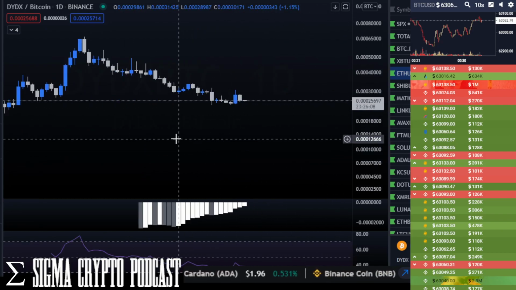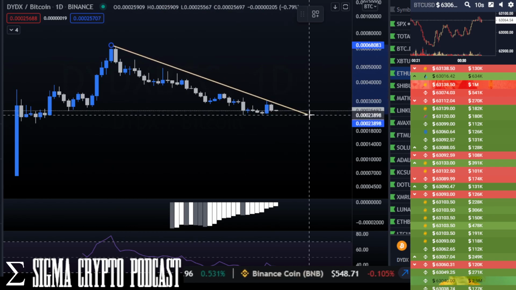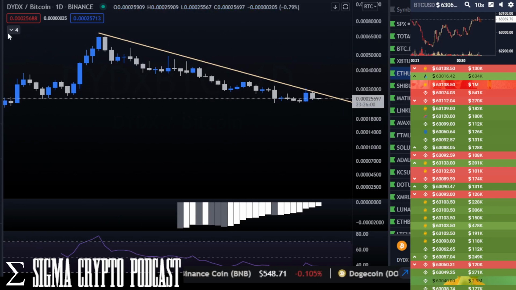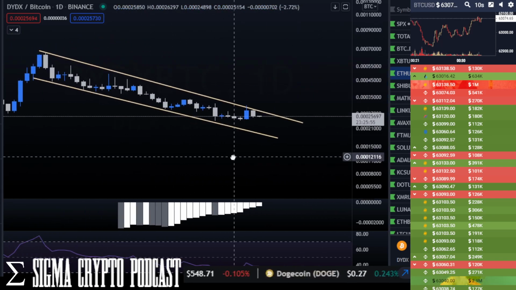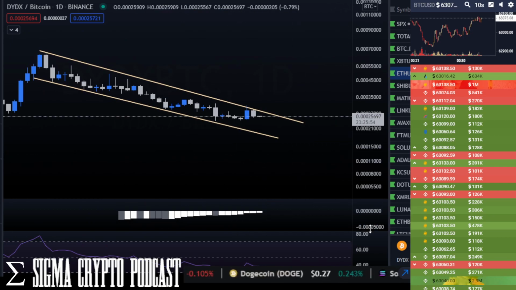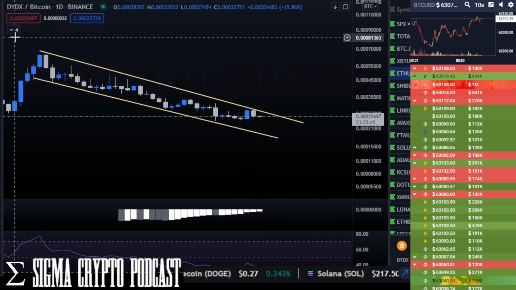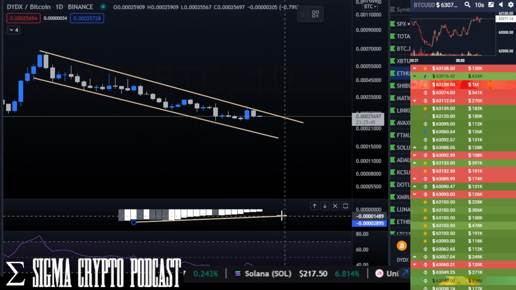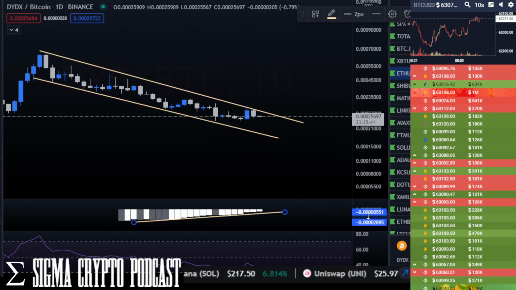Well, you have kind of a downsloping resistance there. It's almost in a channel too. It's kind of goofy to do TA on this, but you kind of have a bullish divergence there.